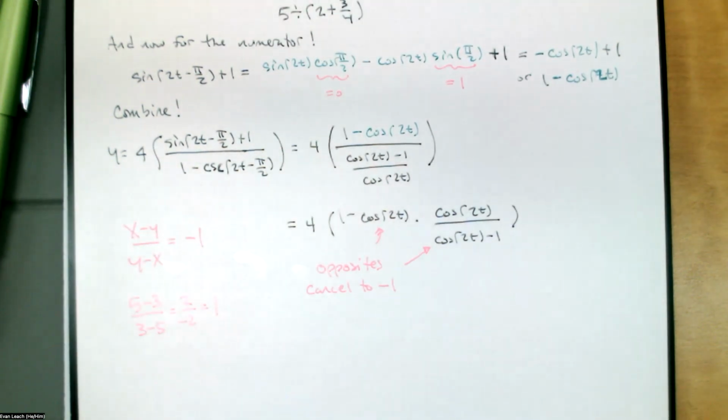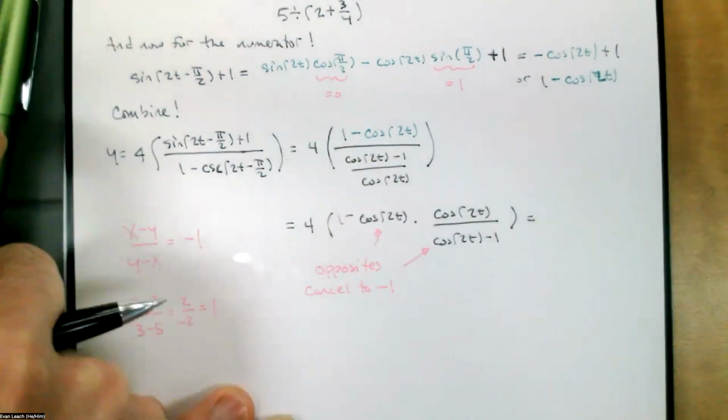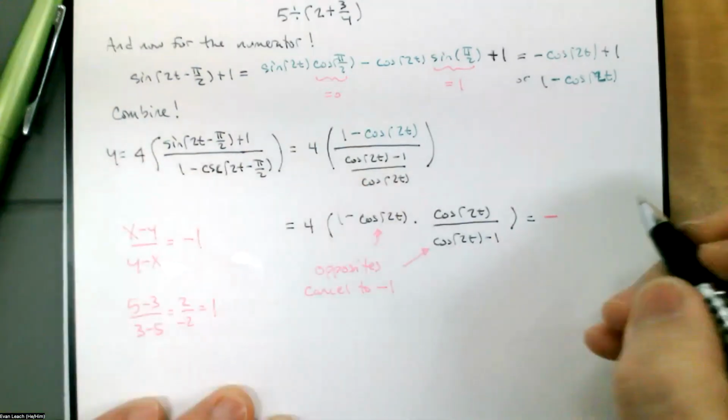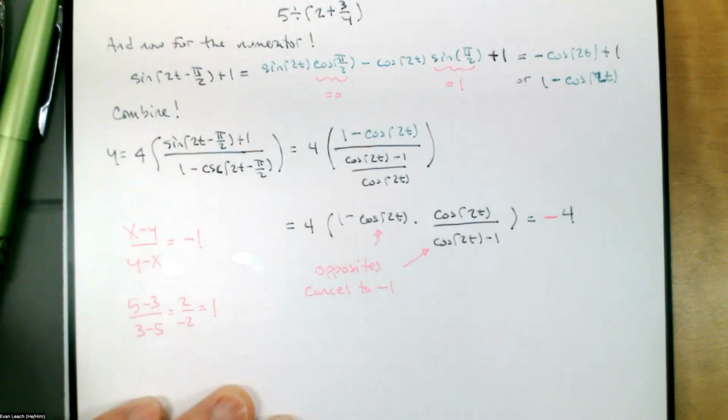X minus y and y minus x are opposites. So 1 minus cosine of 2t and cosine of 2t minus 1 are opposites, and now cancel out to negative 1. So we end up with a negative. We still got this 4, and we still got this cosine of 2t.